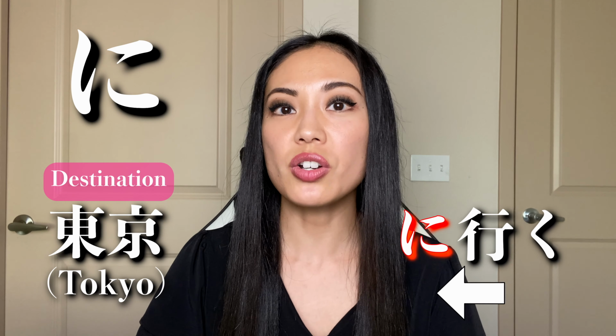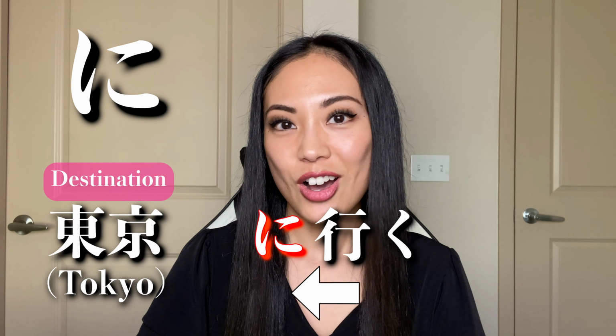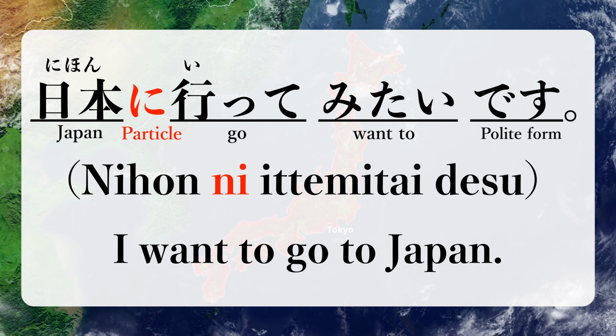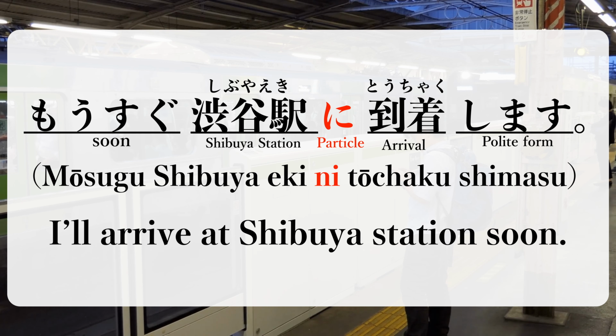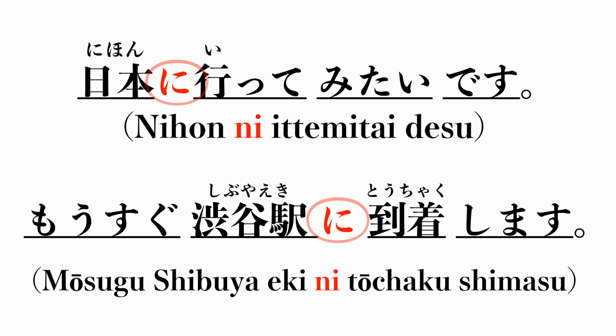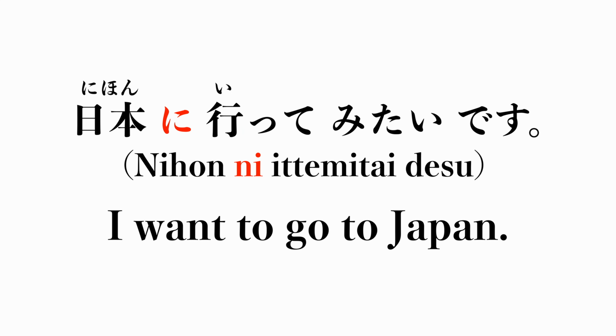When ni is used to indicate a destination, it shows where someone or something is going. For example, 日本に行ってみたいです。もうすぐ渋谷駅に到着します。In both sentences, ni is used to indicate the destination where the action of going is directed. Let's examine the words that come before ni. In the first sentence, ni marks Nihon, Japan, as the destination you want to go to.